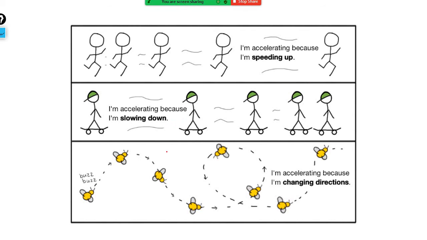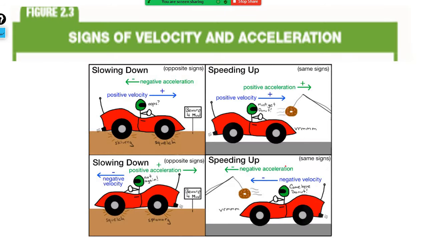But we can't say that he slows down and accelerates. Wrong. He has acceleration but does not accelerate. Anyways, speeding up, slowing down, and changing direction all make acceleration. Great. Let's move to the sign of the acceleration.